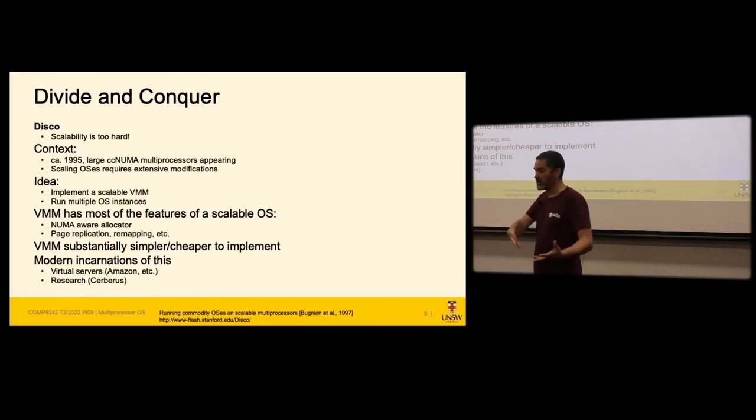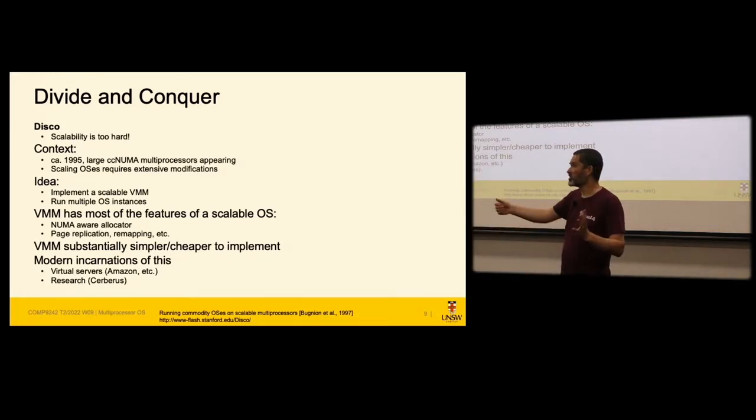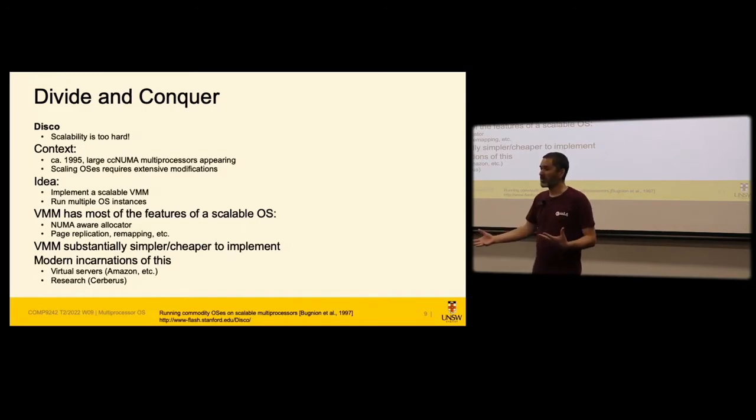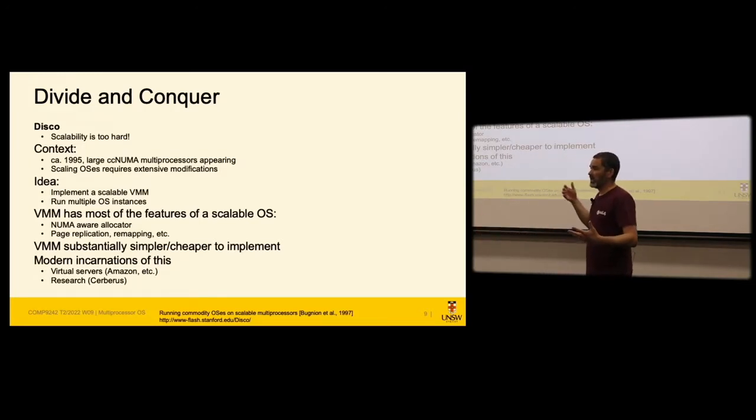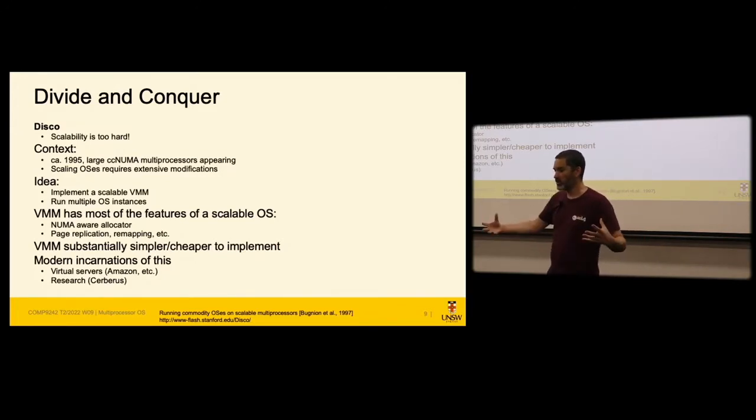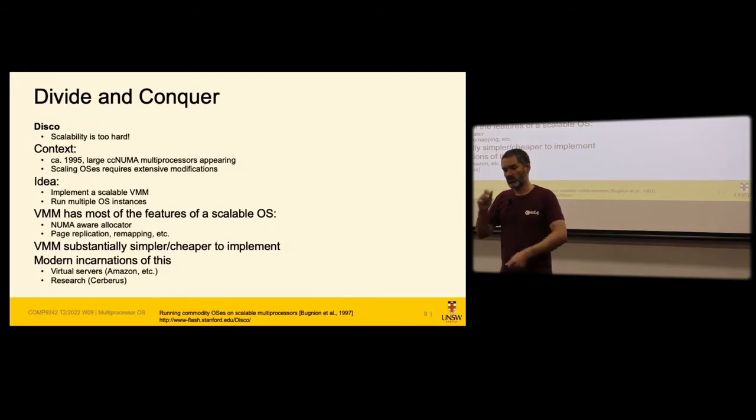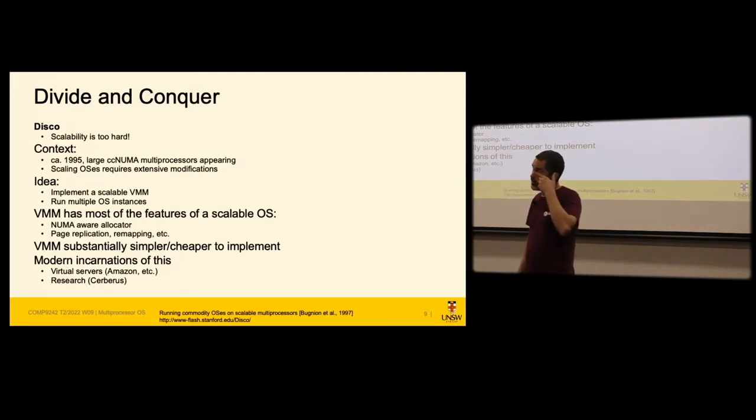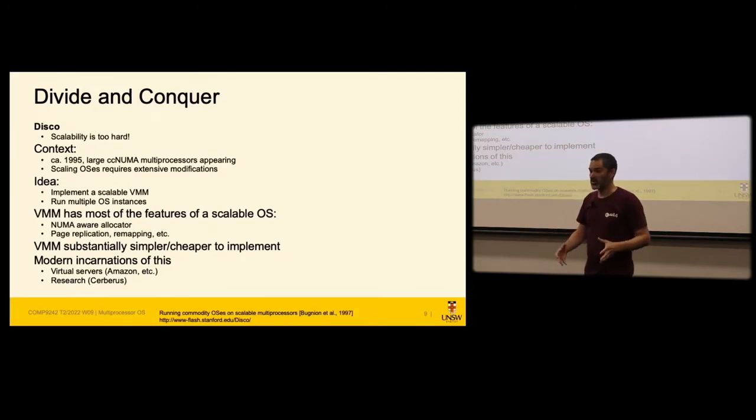But scaling existing operating system software to these large machines requires a lot of modifications, and it's a lot of work. And so the idea behind Disco was, is there an easier way than taking Unix and going through the code and changing everything and making it multiprocessor aware? Can we just take our existing Unixes and run them on the multiprocessors without having to modify them?